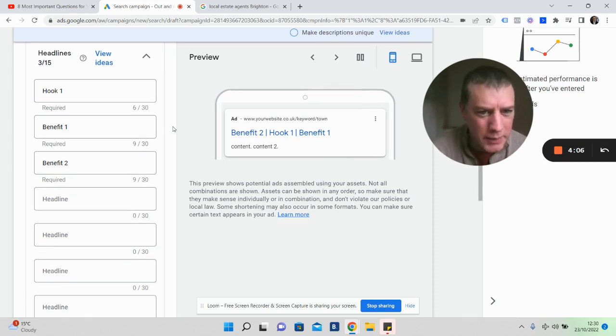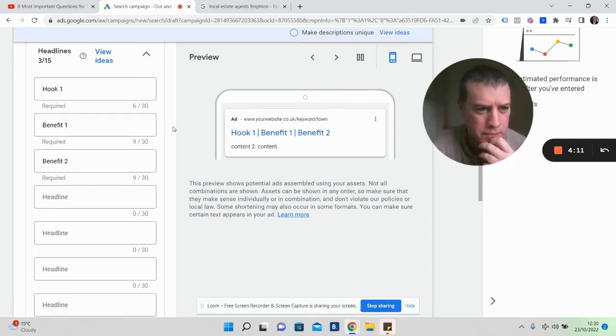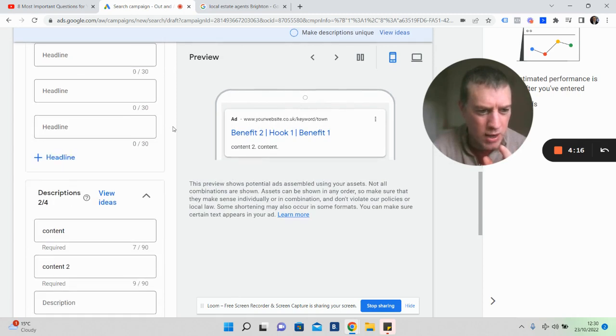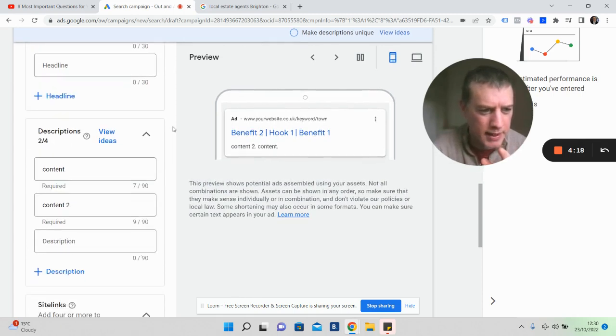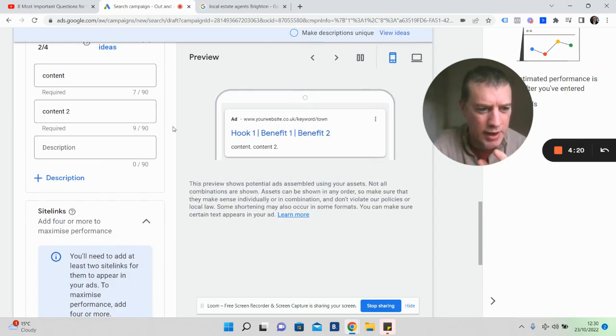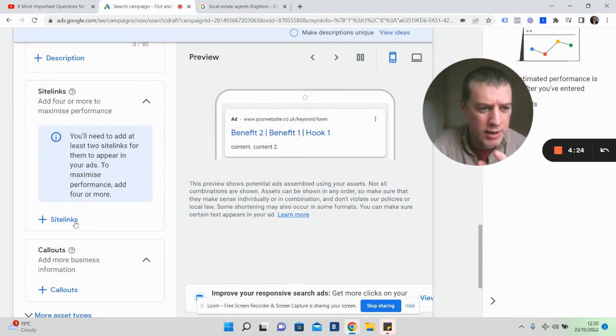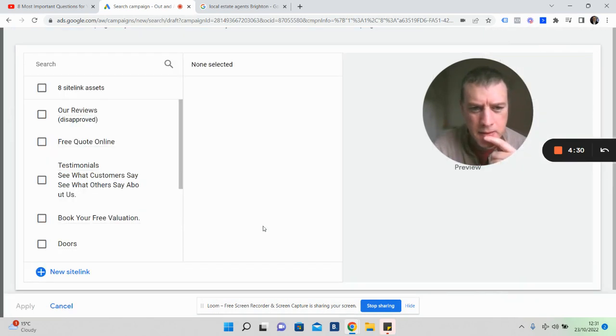So anyway, the headlines have got to be hooks, boys and girls. They can't be self-promotion. Don't talk about you, but that's not the purpose of this, really. I wanted to talk to you about, obviously these are the descriptions that you get on the left-hand side. I'm scrolling down now. What you can do is called site links. And what we can do is go to site links here, and obviously I've got some pre-approved ones.